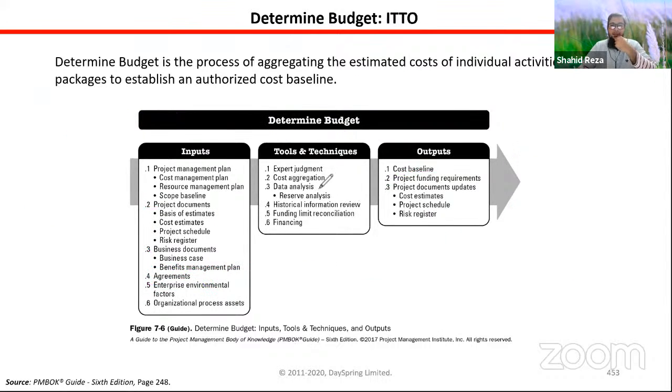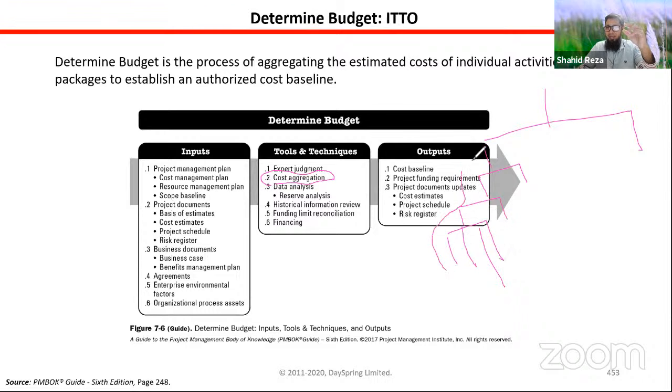So if you can see here, the number of tools is very less than earlier one. So main tool here is cost aggregation. What is aggregation? That means aggregating, right? We have created WBS, right? Then work packages, and all work packages are divided into different tasks, right? So for each task we have found the cost.